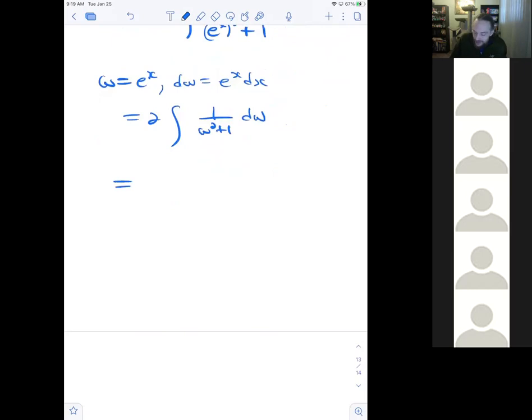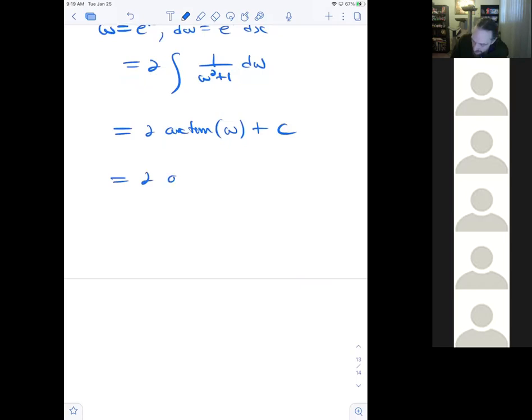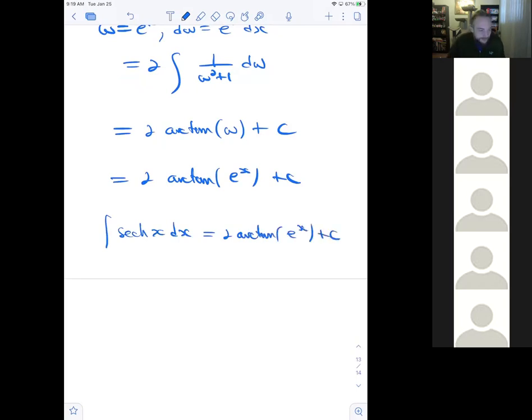This is equal to what? 2 arctan of w plus c, which is equal to 2 arctan of e to the x plus c. So this starts becoming a weird formula. But what that says is the integral of sech x dx is equal to 2 arctan e to the x plus c.